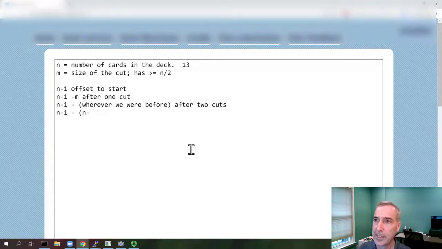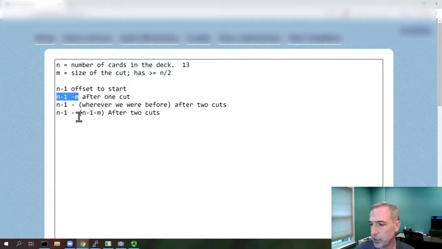We were at n minus 1 minus m. That's where we were. It's right there. So we just plug that in.